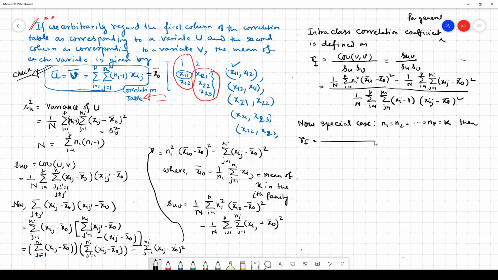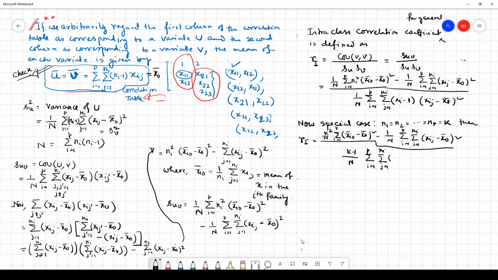Ri is equal to 1 by capital N, sum over i from 1 to p of (xi naught bar minus x naught bar) whole square, minus 1 by n sum over i from 1 to p, j from 1 to ni of (xij minus x naught bar) whole square, divided by 1 by ni minus 1, which means k minus 1 by n sum over i from 1 to p, j from 1 to k.